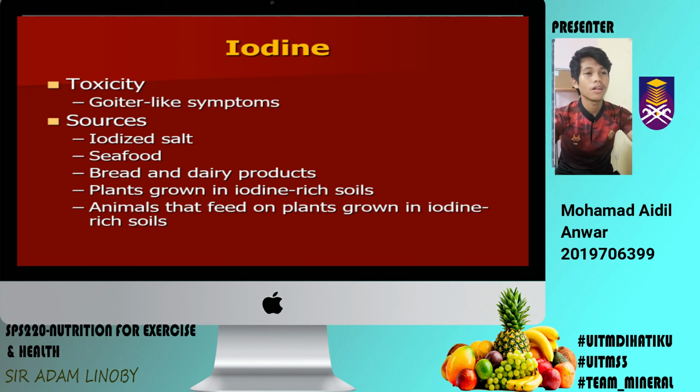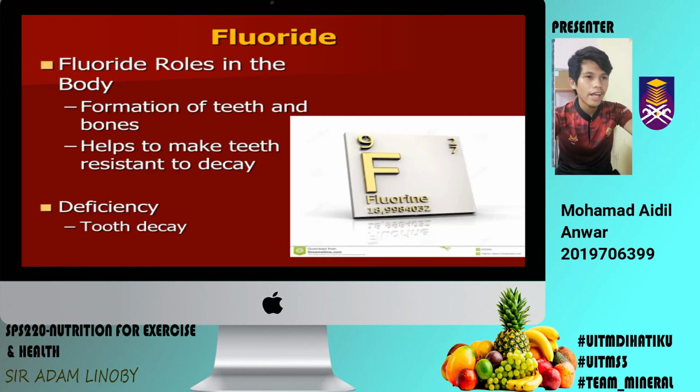The food sources of iodine are iodized salt, seafood, bread and dairy products, plants grown in iodine-rich soils, and animals that feed on plants grown in iodine-rich soils. Next is fluoride. Fluoride's role in the body is the formation of teeth and bones, and it helps to make teeth resistant to decay.